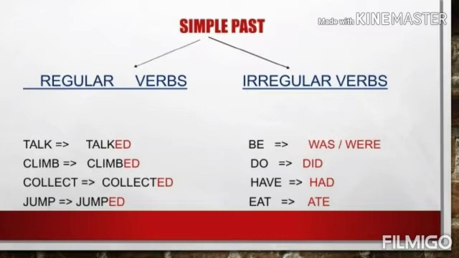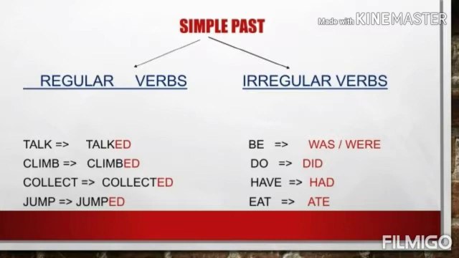So we use was with singular, okay, only with the subject I, he and she. But were, we use it with the subject you, we and they, okay. The simple past of verb do, it's did, have, had, eat, ate.